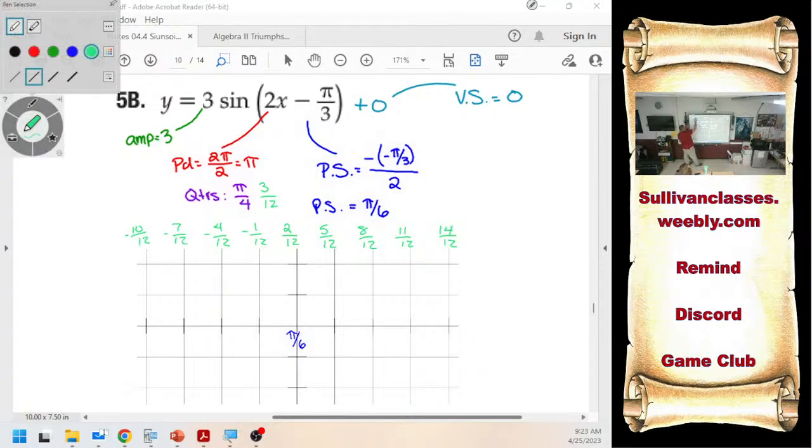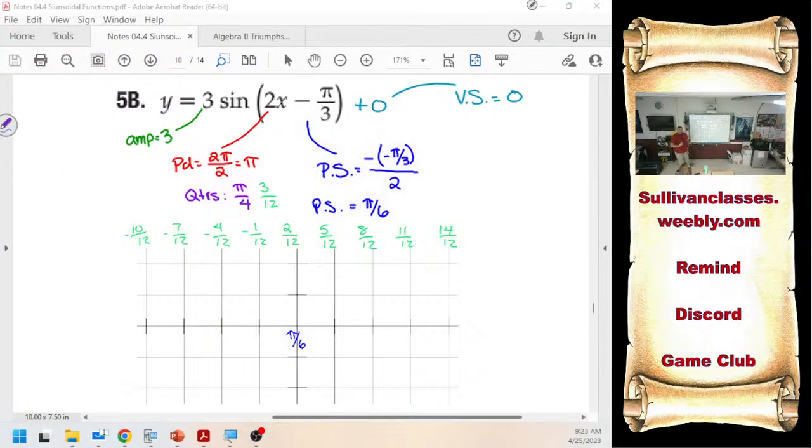But those aren't what I need on my graph. I need the reduced versions of all of them. I need 5 pi over 12 and 2 pi over 3, 11 pi over 12, 7 pi over 6, negative pi over 12, negative pi over 3, negative 7 pi over 12, and negative 5 pi over 6.